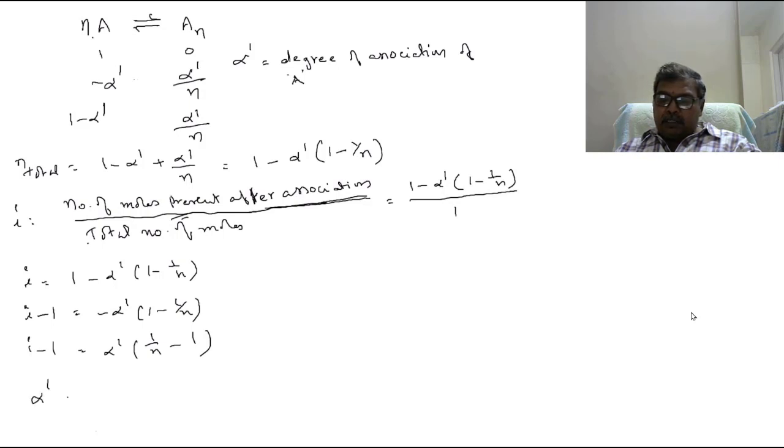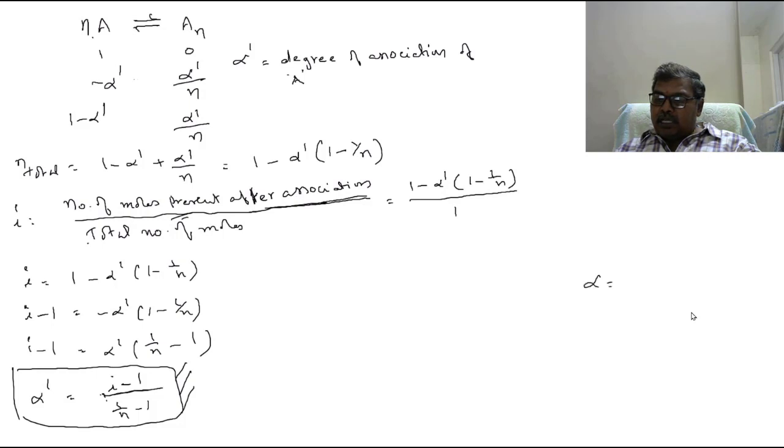Now alpha dash is equal to I minus 1 by n minus, sorry, 1 by n minus 1. I think you remember easily. For dissociation, alpha equal to I minus 1 by n minus 1.